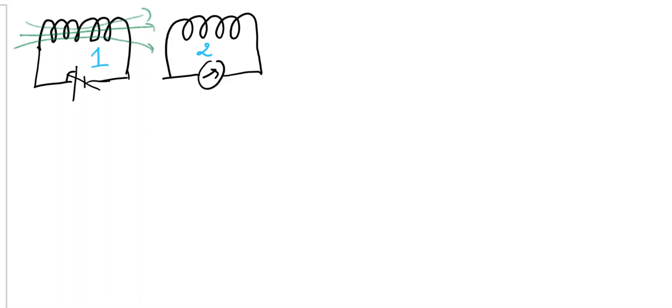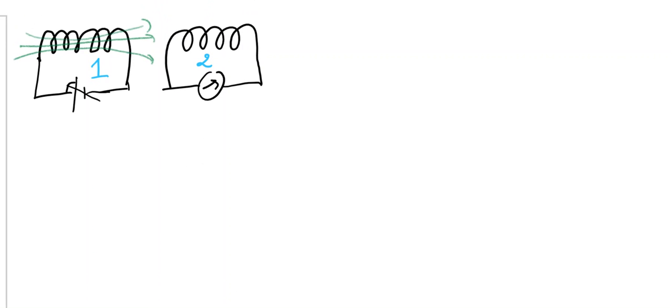The second coil shows some induction, and this induction is called mutual induction. So when you vary the supply in the first, you have an induced EMF observed in the second coil, and this phenomenon is called mutual induction.